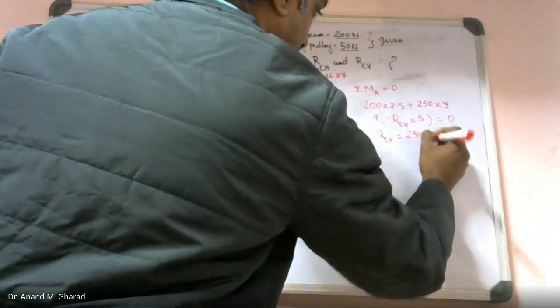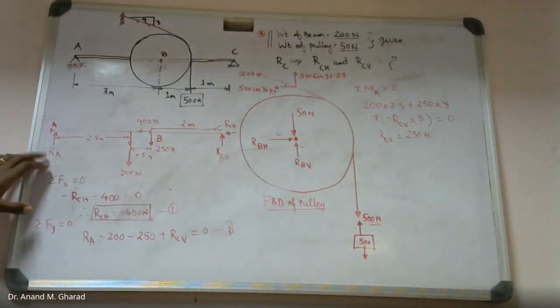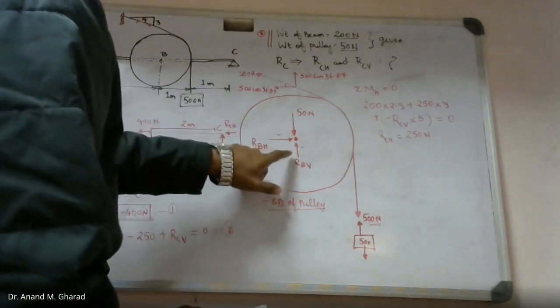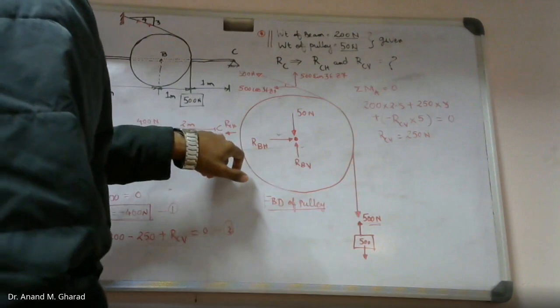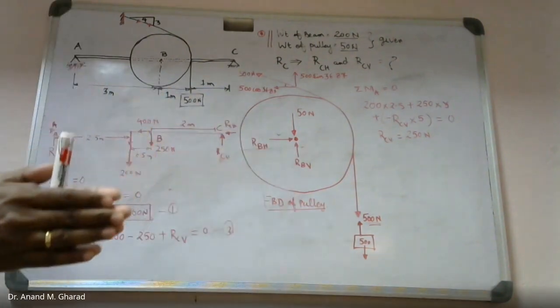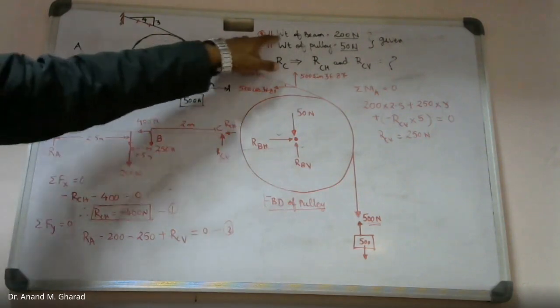And similarly, you can even calculate RA value also. Okay? So this is how you are supposed to identify the unknown values whenever such situation arises. That is, two rigid bodies, they are connected with the help of pin support and weight of the beam is given.